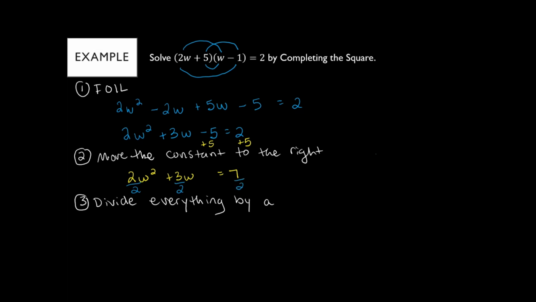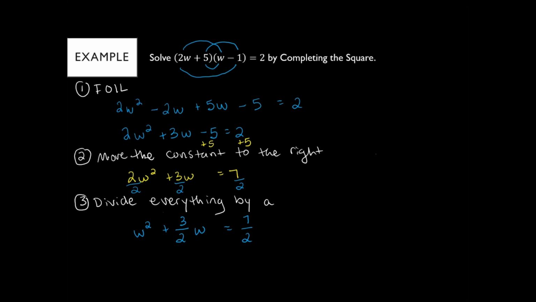We're going to get 3 halves and 7 halves here. w squared plus 3 halves w equals 7 over 2. So yes, it's messy, but use your calculator to do the fractions. Don't make them decimals because sometimes that introduces rounding and then could cause you to get incorrect answers in ALEKS. You want to leave them as a fraction, but just make sure you have a calculator that can do fractions.